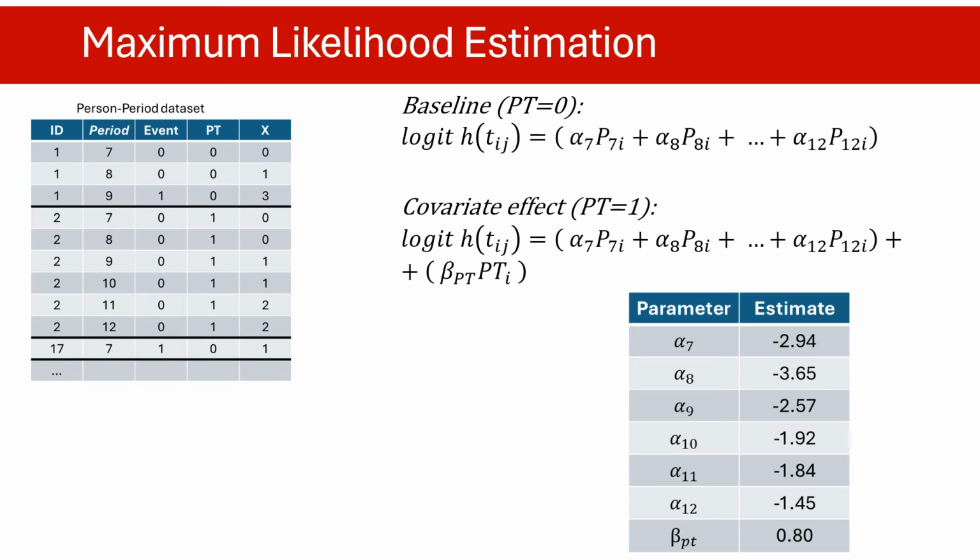We can just apply logistic regression on the variables represented in the rows of the person period dataset. One objection to using logistic regression in this way may highlight that time periods j are nested within individuals, so they are not really independent variables.